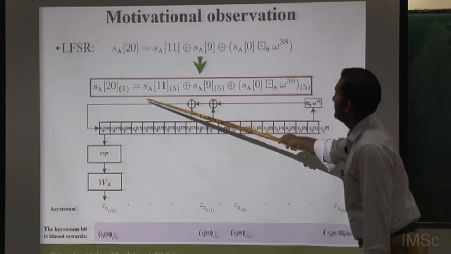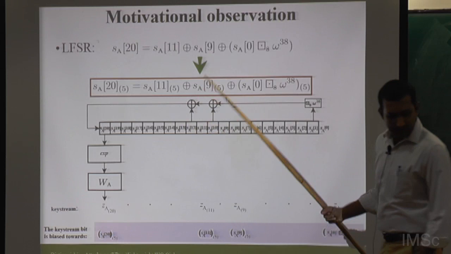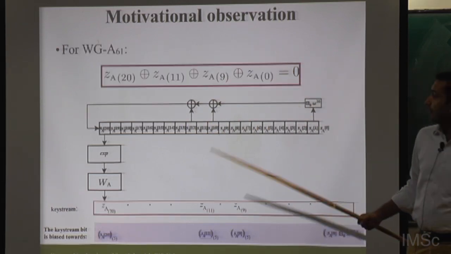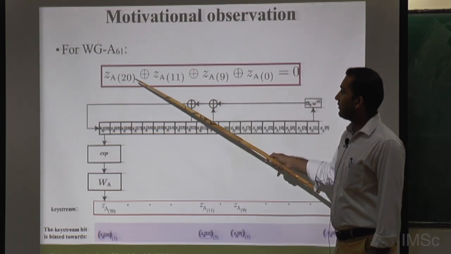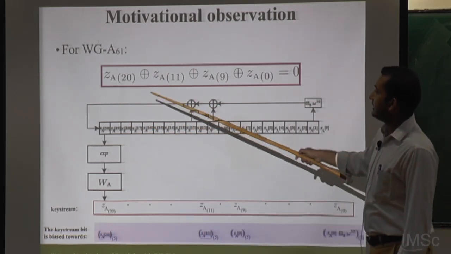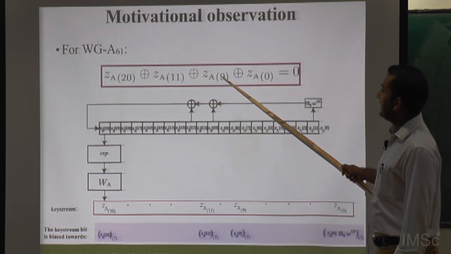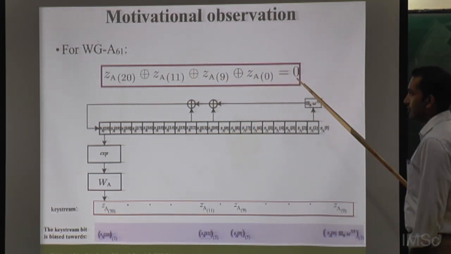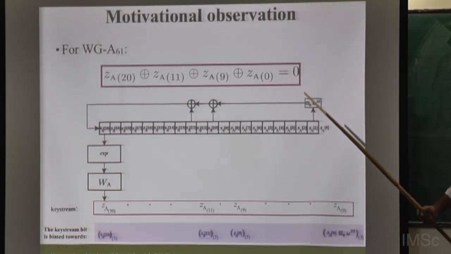Similarly, all these bits of the LFSR are biased towards some of the key stream bits. Therefore, we can substitute these key stream bits for the bits of the LFSR, and we will get ZA20 XOR ZA11 XOR ZA9 XOR ZA0 equal to 0. This is not exactly equal to 0, but with a probability it is equal to 0.